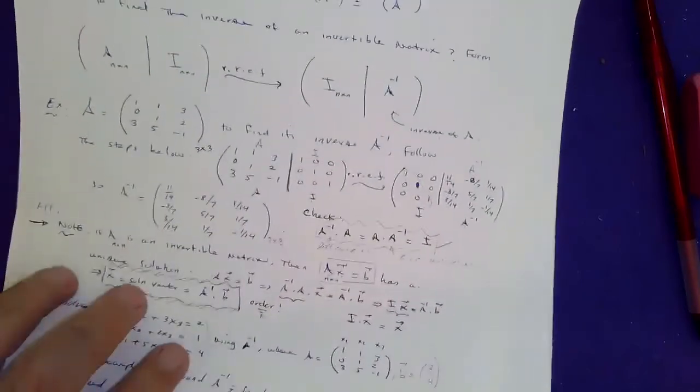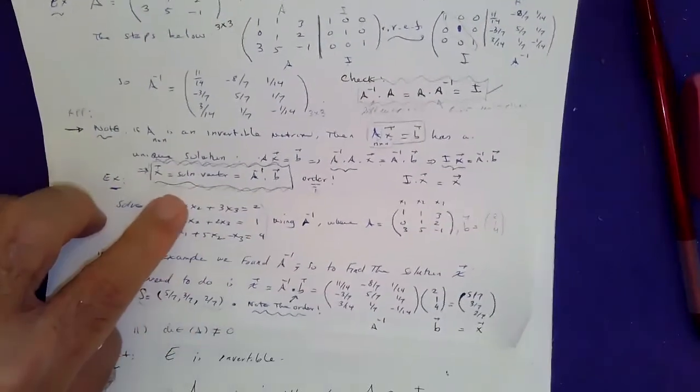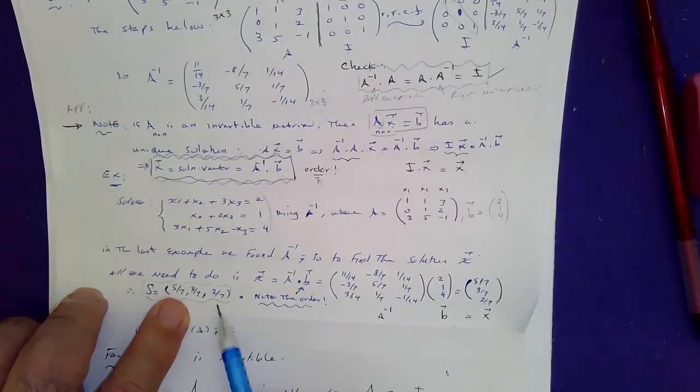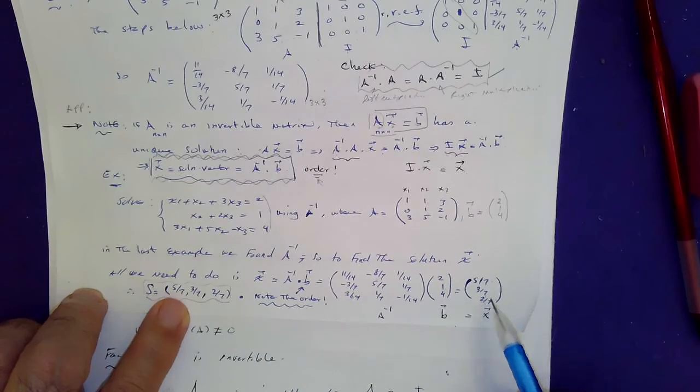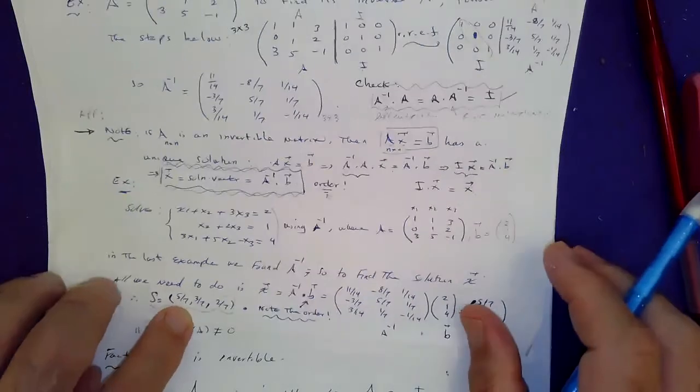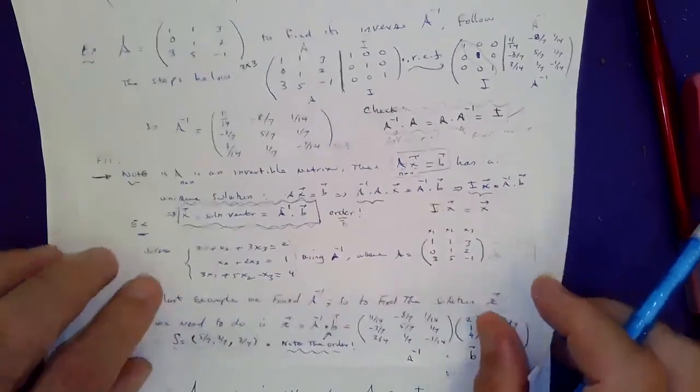In other words, the solution for this system is 5 over 7, 3 over 7, 2 over 7. How did I get it? By multiplying A inverse times B. Keep in mind the order matters, so you have to multiply A inverse by the column vector of constants. Otherwise, you'll have a dimension problem.